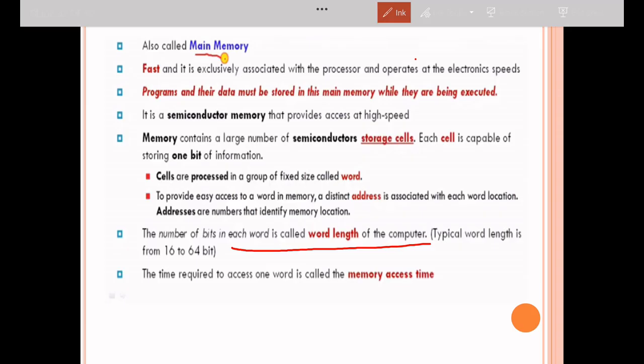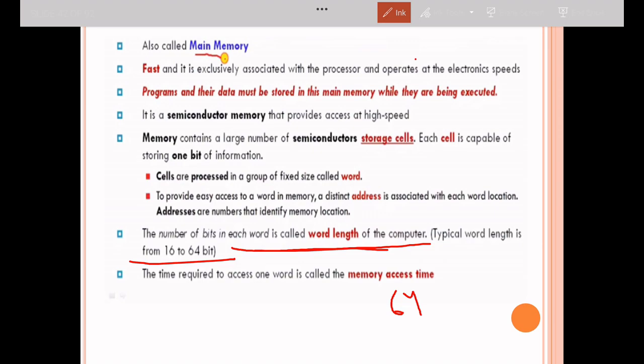When you go to buy a laptop, you hear names such as 64 bits, 32 bits, 16 bits. This is the word length actually.